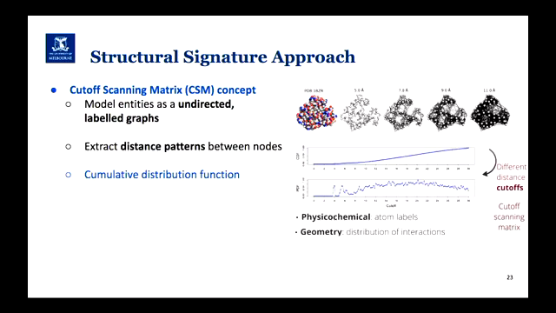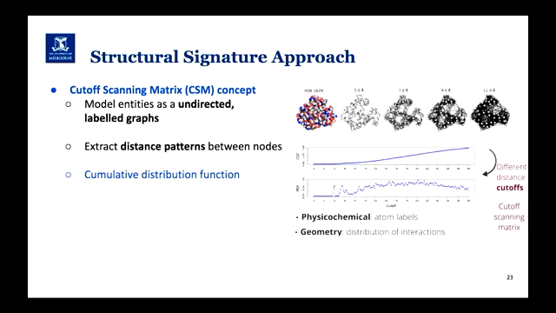The way I generate an undirected labeled graph from that is by selecting a centroid per amino acid and labeling it based on its physicochemical properties, whether the amino acid is hydrophobic, positive, or negative. I say amino acids are interacting if they are within, let's say, 5 angstroms, and this generates the following graph. If I count how many labels, I can have one position on a cumulative distribution function.